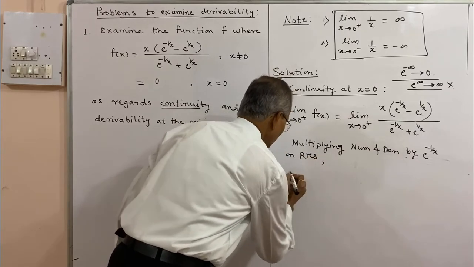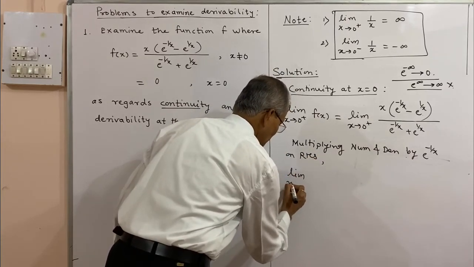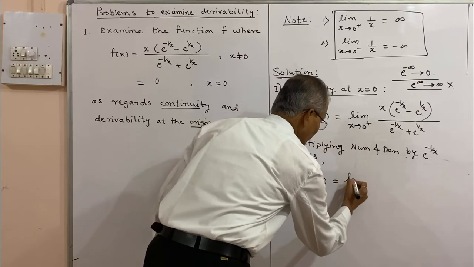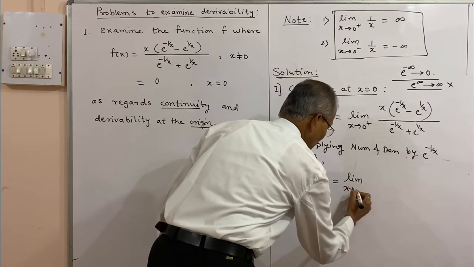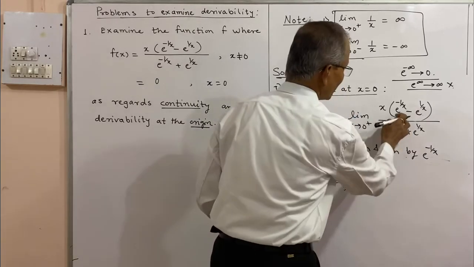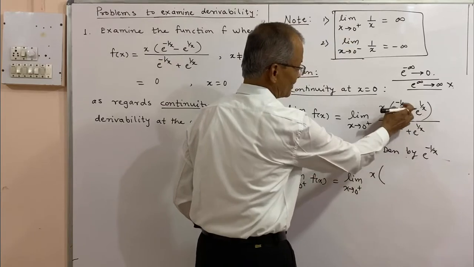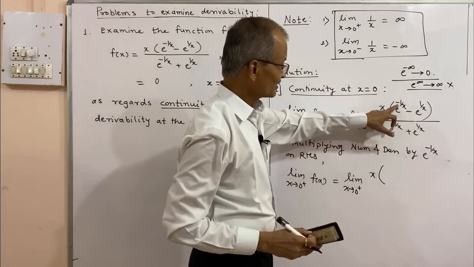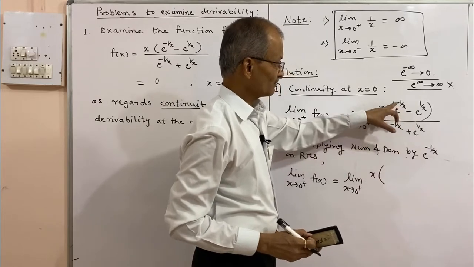So we get the limit as x tends to 0 from the right of f(x) is equal to the limit as x tends to 0 from the right of x, which will remain the same. We multiply each term by e raised to minus 1 by x. So e raised to minus 1 by x into e raised to minus 1 by x.